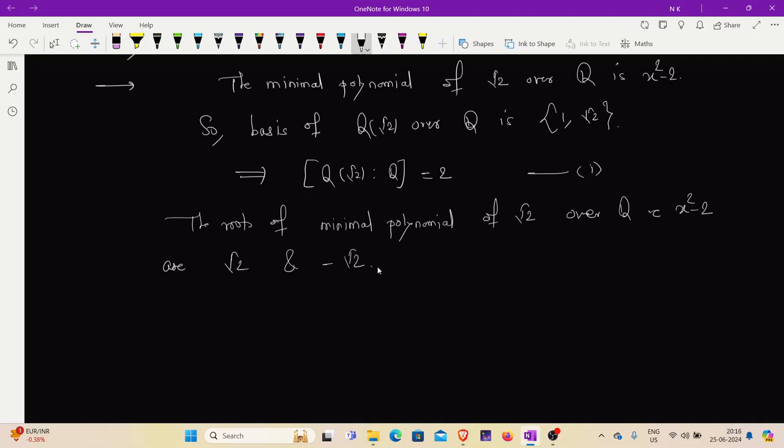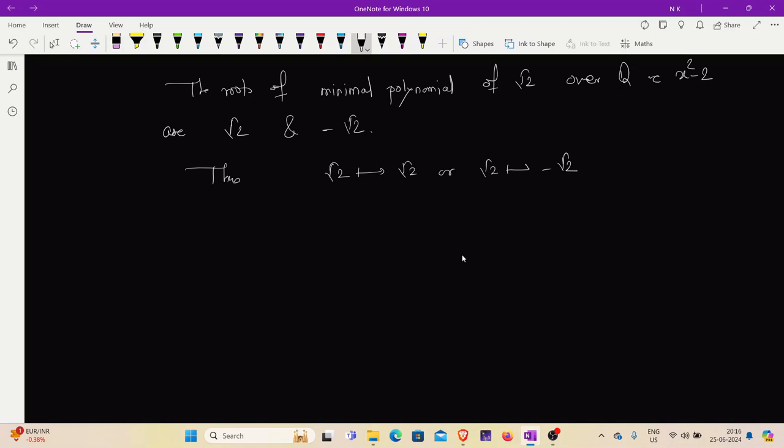Both of these roots are in Q(root 2). Both of these elements are in the extension. So root 2 can map to root 2 or root 2 can map to minus root 2. So based on this fact, we have two different automorphisms.